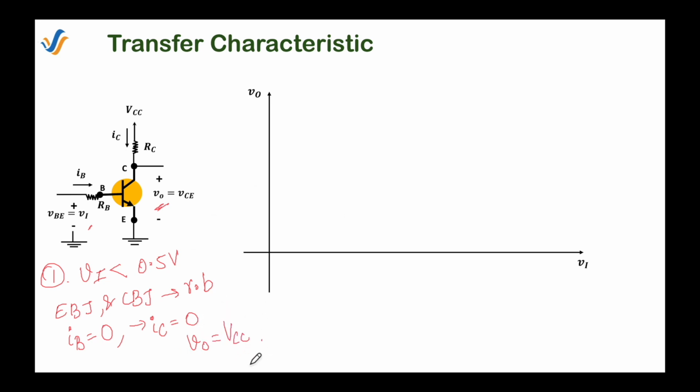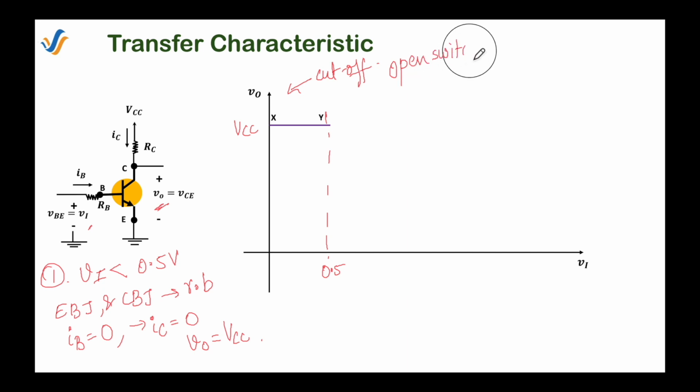Now let's mark these points on the transfer curve. When the input voltage is less than 0.5 volt, we are getting an output equal to the supply voltage. This region is called the cutoff region. Since we are getting 0 output current, we will say that the BJT is working here as an open switch.